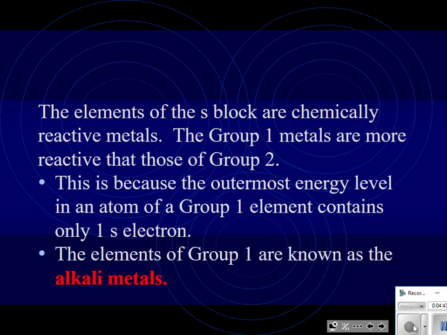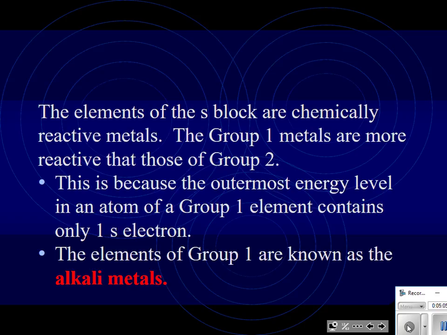This group, group 1, is known as the alkali metals. So the alkali metals have only one S electron on their outermost energy level. That is why they are more reactive.